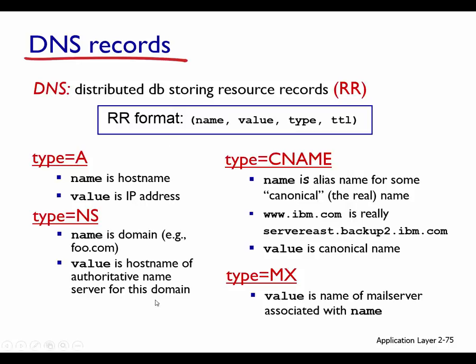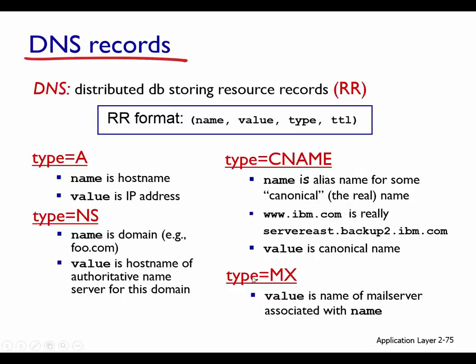So this allows the IBM.com name to actually be associated with multiple real hosts with different names. It just gets translated based on what's in your local DNS.